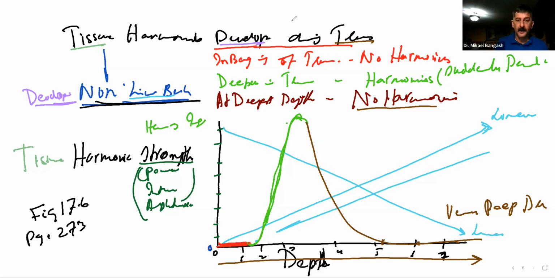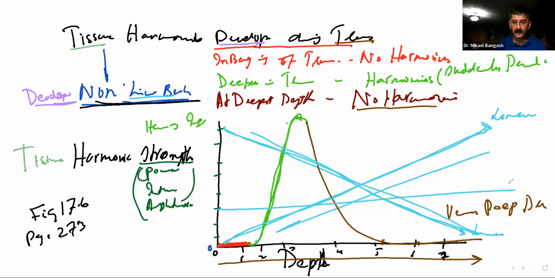Non-linear behavior versus linear behavior: if you went like this, or like this, or something like this, all these would have been examples of linear behavior.